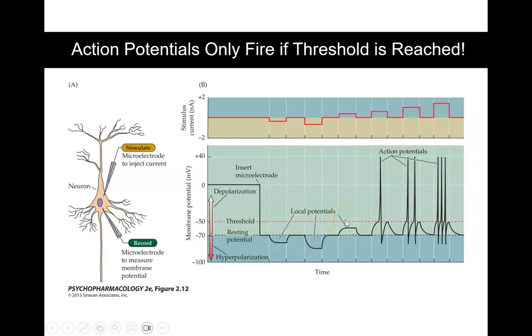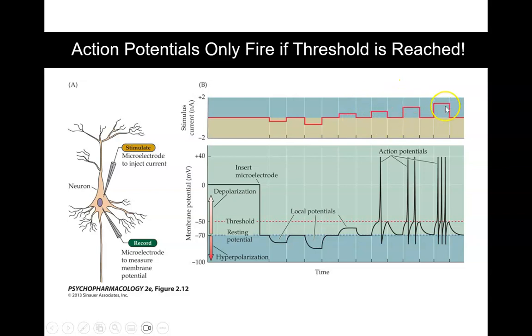Now, in this case, we get a depolarizing current that is enough to reach threshold. And at this point, an action potential occurs. The voltage actually shifts from negative all the way up to positive before very quickly hyperpolarizing and then returning to rest. Now, one thing that I want you to notice is that the stimulus here is varied in size.